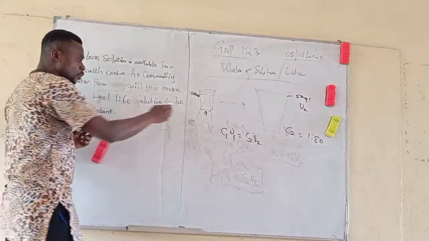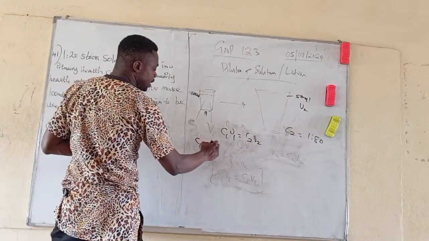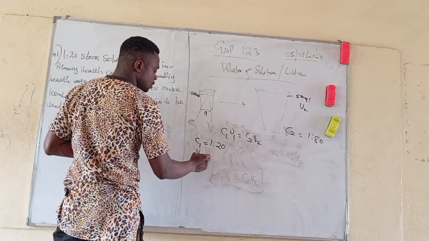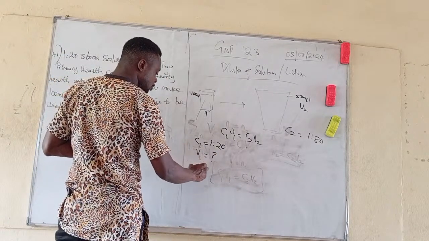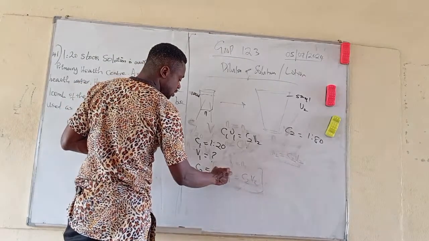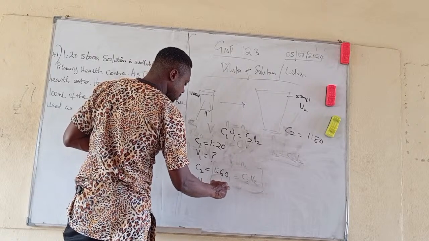Now here, C1 is 1 is to 20, and V1 is what you don't know, right? C2 is 1 is to 60. Then V2 is 100 ml.